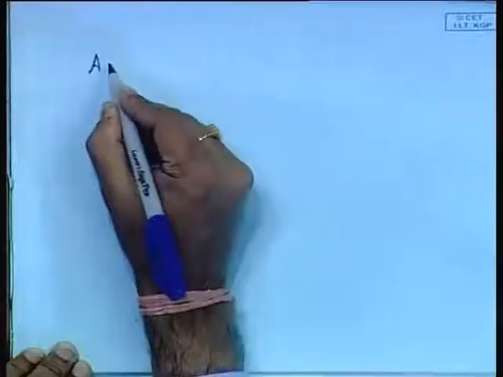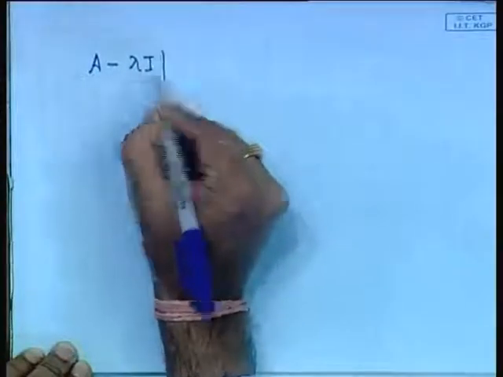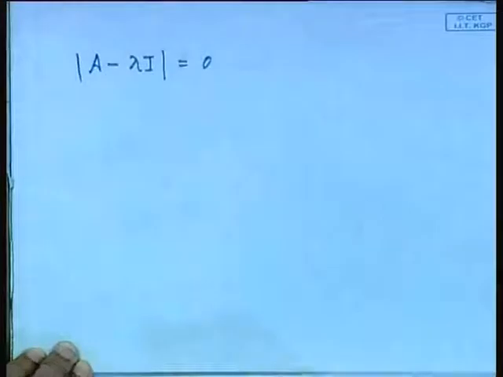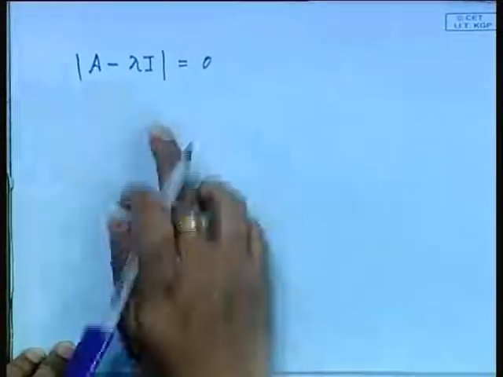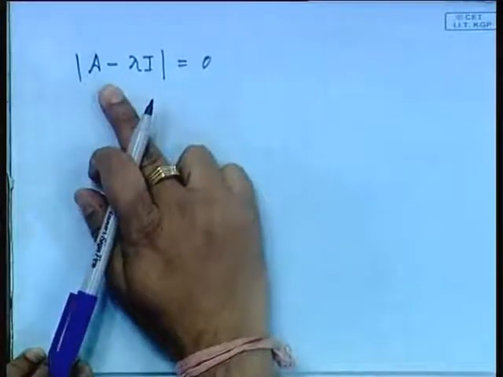Right. So, the eigenvalues remain the same because the determinant does not change. You can see it in this way. So, this is the characteristic equation for the eigenvalues of A, okay.